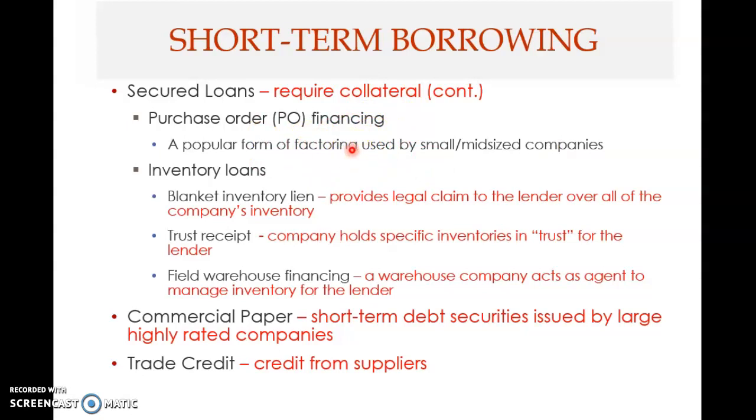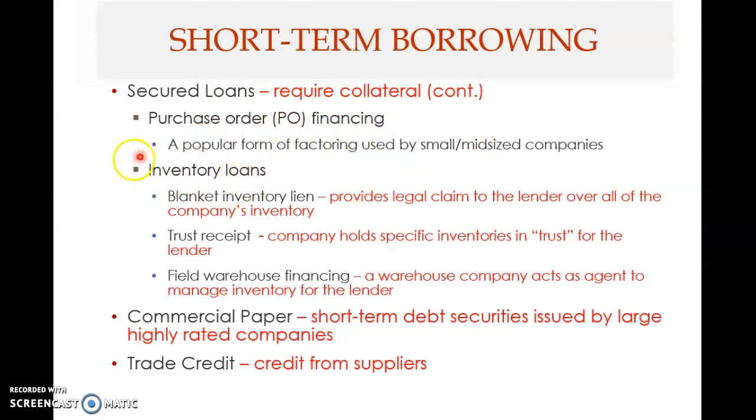Once the company makes the sale to the customer, the customer will then pay the factor or the creditor rather than the company, because the financing is already obtained by the borrower. The company gets the money first from the creditor. Therefore, when the customer makes the payment, it goes to the lender or the creditor. That is purchase order financing.